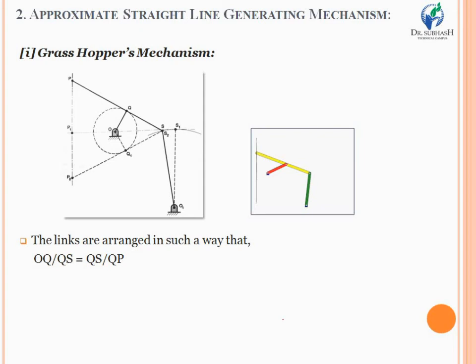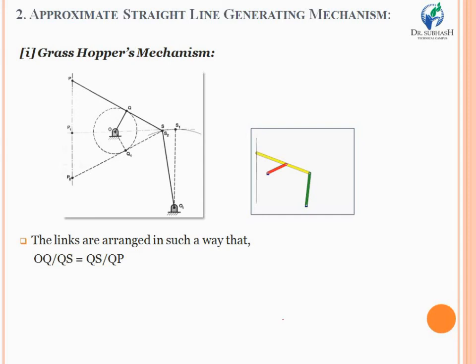Now the proportional dimensions of such links will be designed in such a way that the dimension OQ upon Q dash should always be equal to the dimension of links QS upon QP. Now when links OQ and SO1 move, the point P traces an approximate straight line. The two positions of the mechanism you can easily see and understand from the figure.